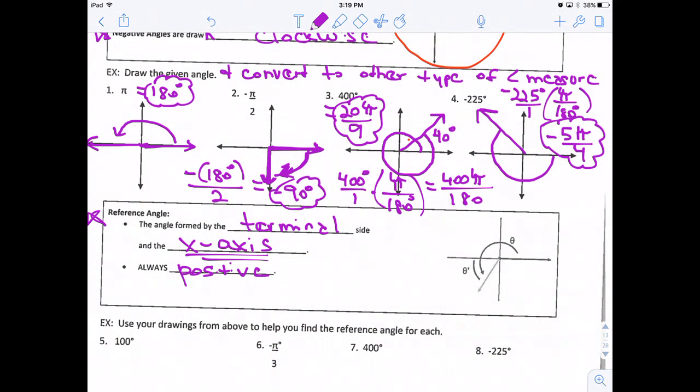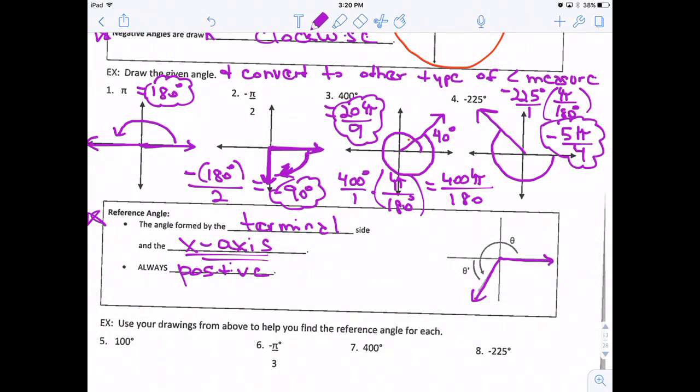To give you an idea, if you were rotating around from the initial side around here to this angle, here's my terminal side, and now I'm going to erase this just to clear it up a little bit. So what I have here is this terminal side, and here's my initial side.